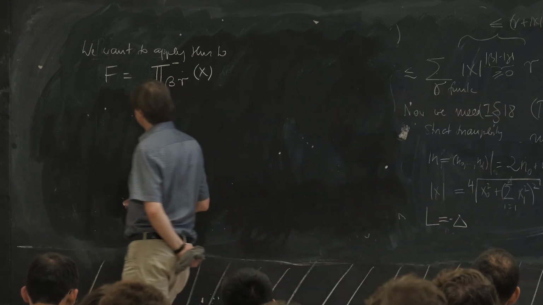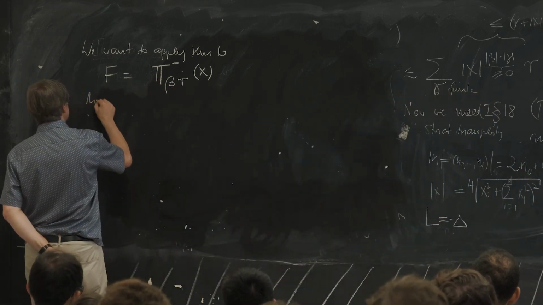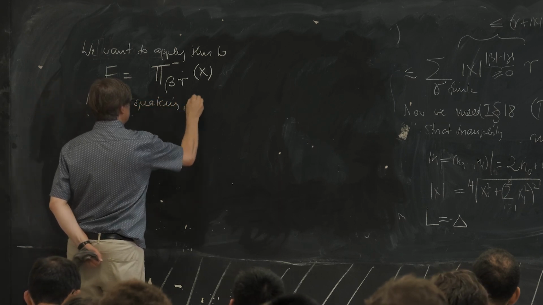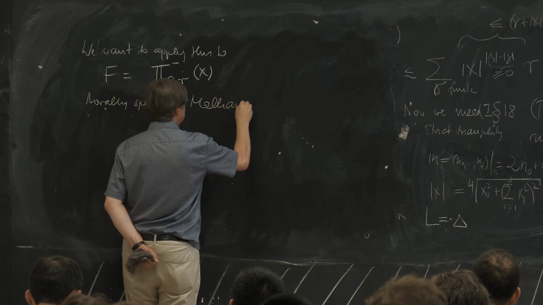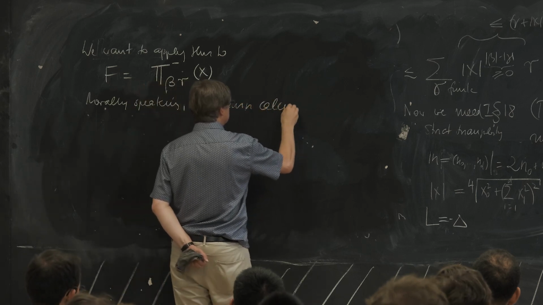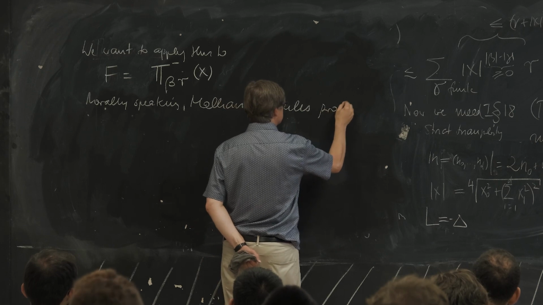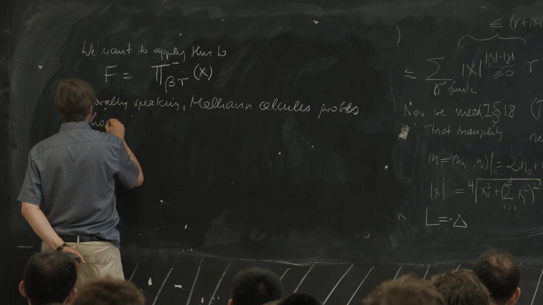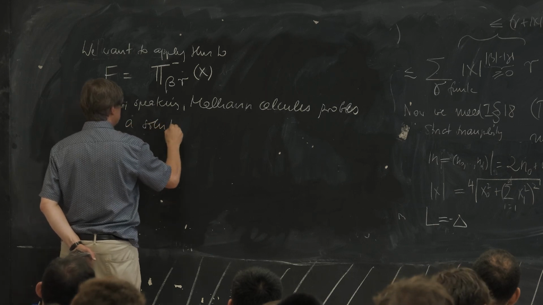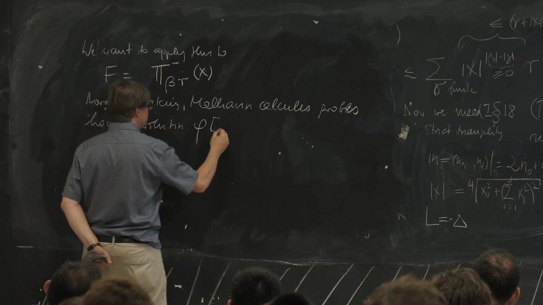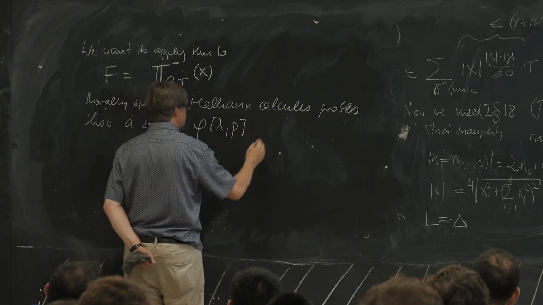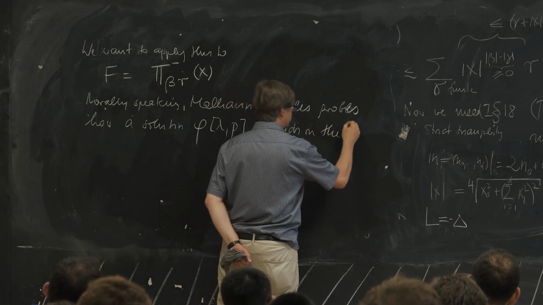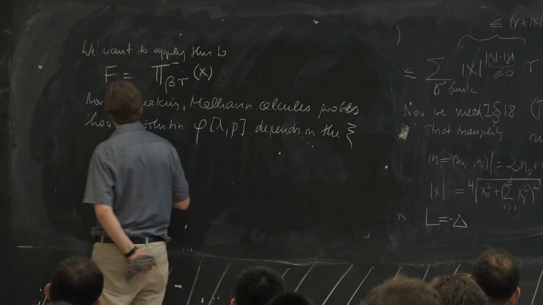So, morally speaking, the Malliavin calculus probes or monitors how a solution phi of our PDE, which is parameterized by lambda and p, depends on the noise, by a linear analysis, by sensitivity analysis.